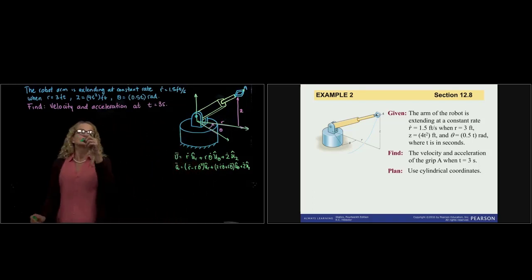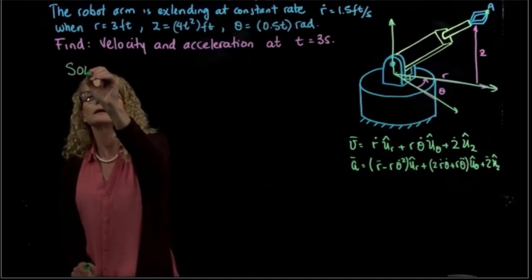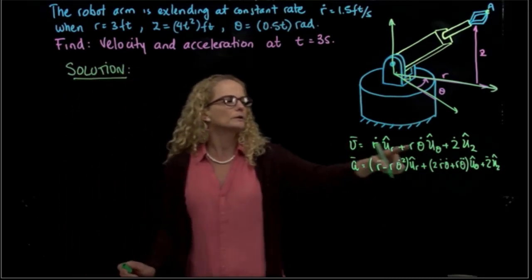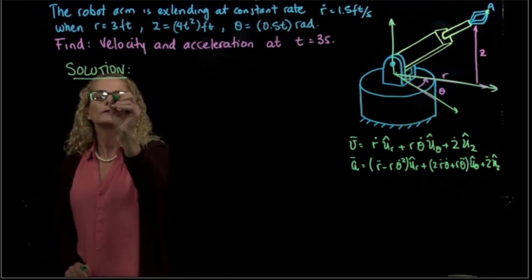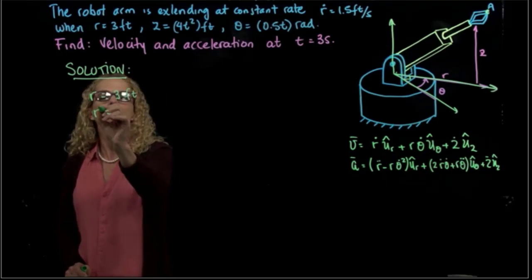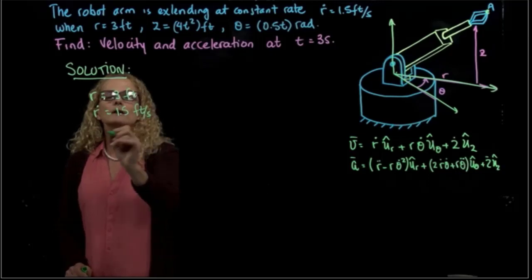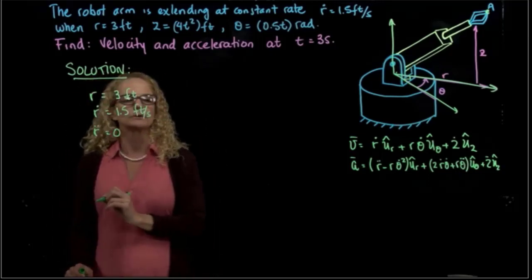Since we will use these expressions right here, we have to find every single component. So the solution for this example is finding all these components. For r, I have 3 feet. R dot is given, and they say it is constant, so r double dot is equal to 0.